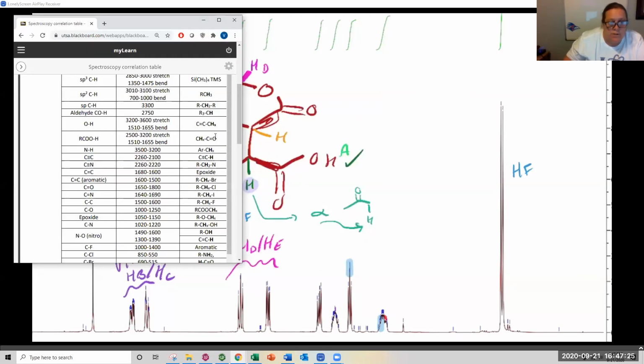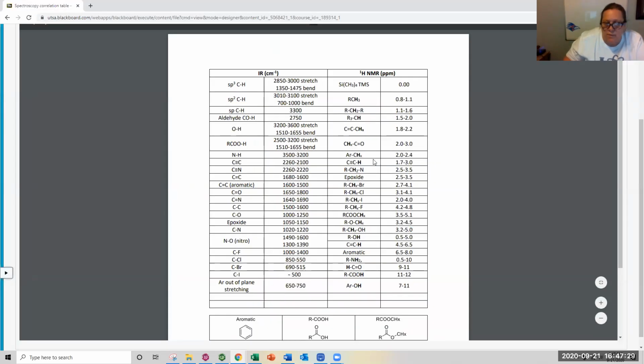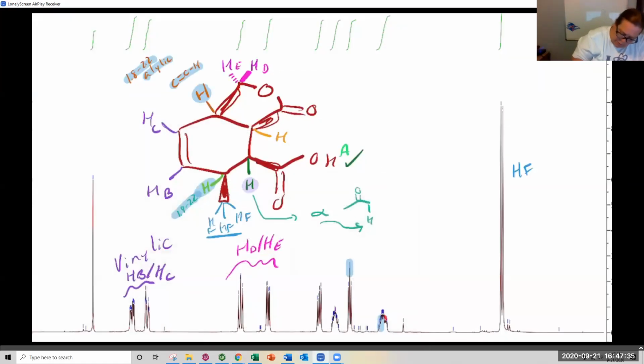Okay, the alpha protons are right here, and we can expect those to be anywhere between 2 and 3 ppm. So this one would be between 2 and 3 ppm. Same thing over here, between 2 and 3 ppm. You would expect this green proton down here to be what?